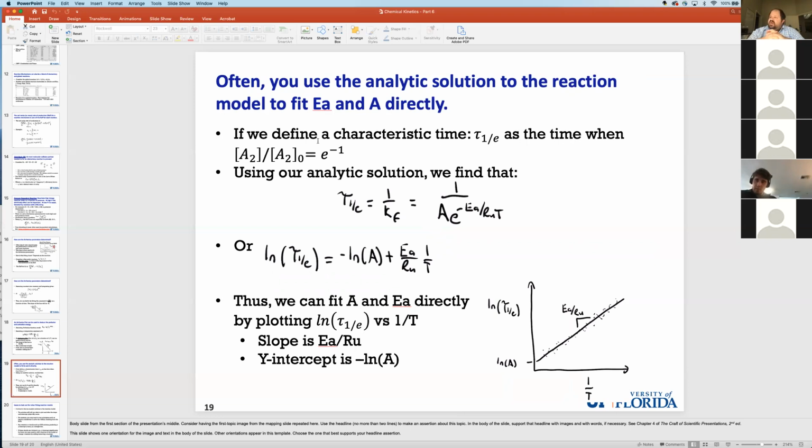So if we define a characteristic time, I'll call this tau 1 over e. It's normally called tau char, but basically this is defined as the time when the ratio of the concentration of A2 divided by the initial concentration of A2 is equal to e raised to the -1 power.